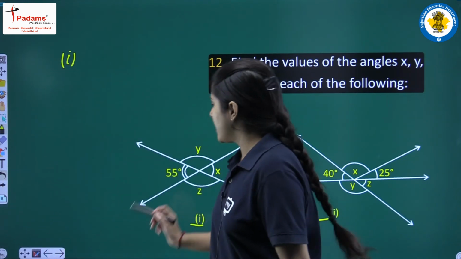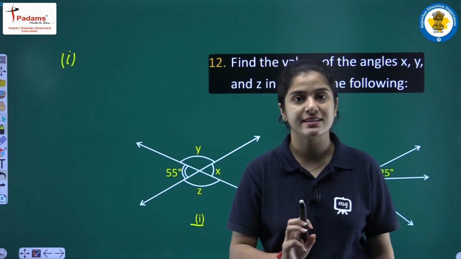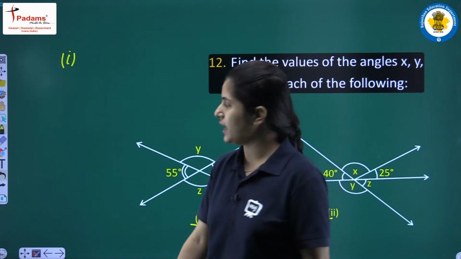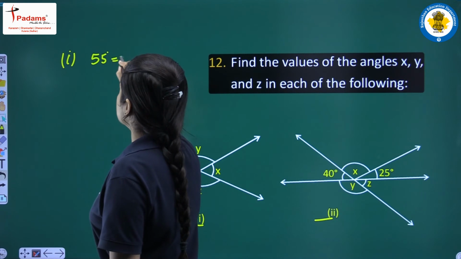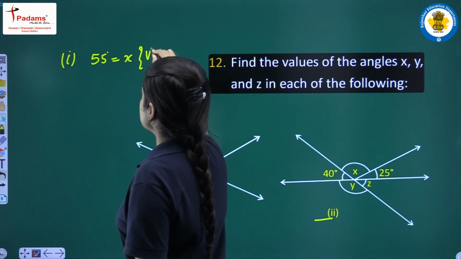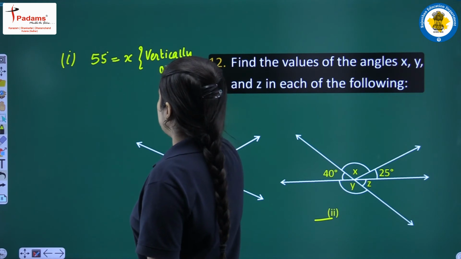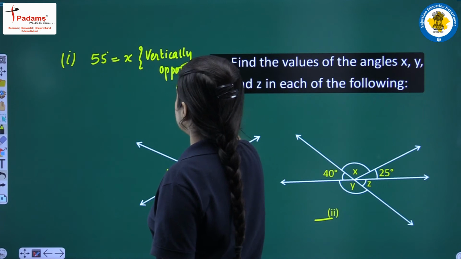So, students, if angle x and 55 degrees are vertically opposite angles, then x is also equal to 55 degrees. Okay. So, in the first, students, 55 degrees is equal to x, as they are vertically opposite angles. Okay students.